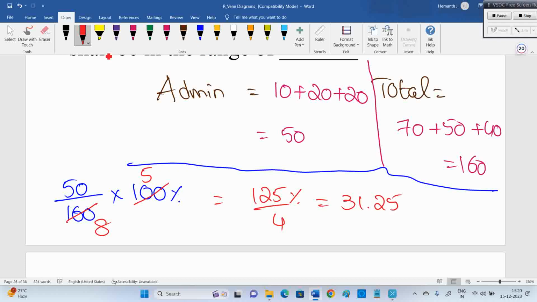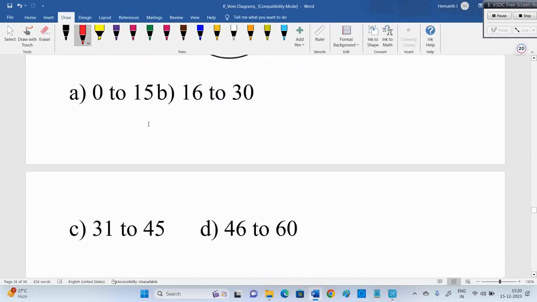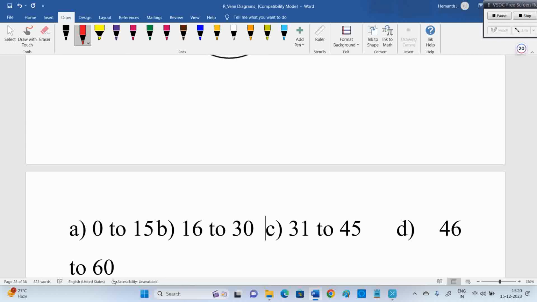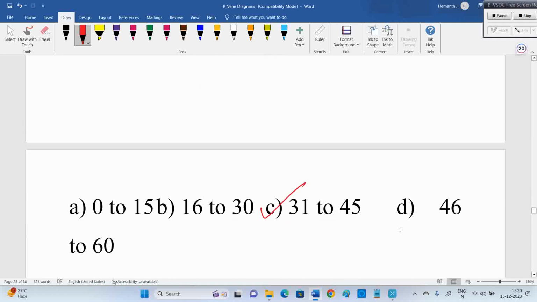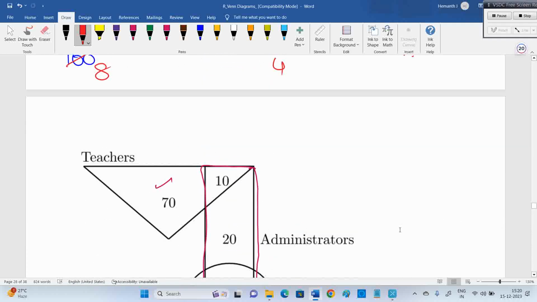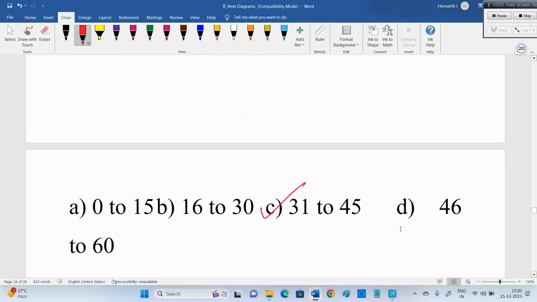So I have to see the range among the options which includes 31.25. The one having 31.25 is option C. In option C, 31 to 45 is given. So we can go with option C.